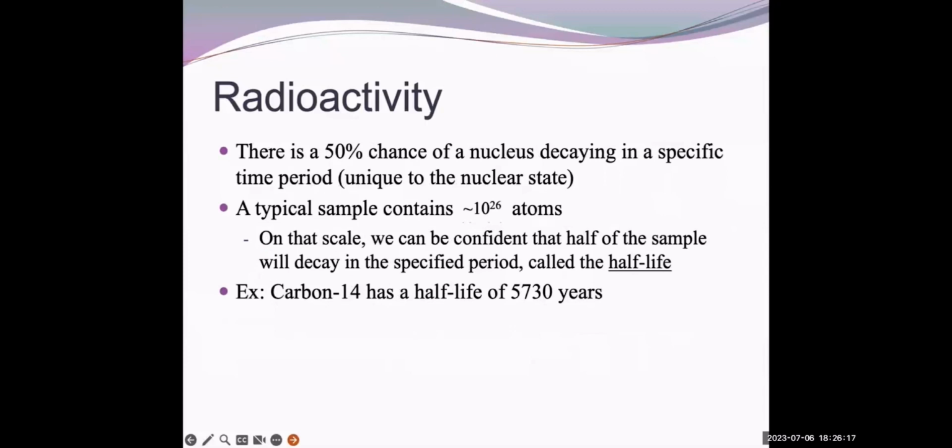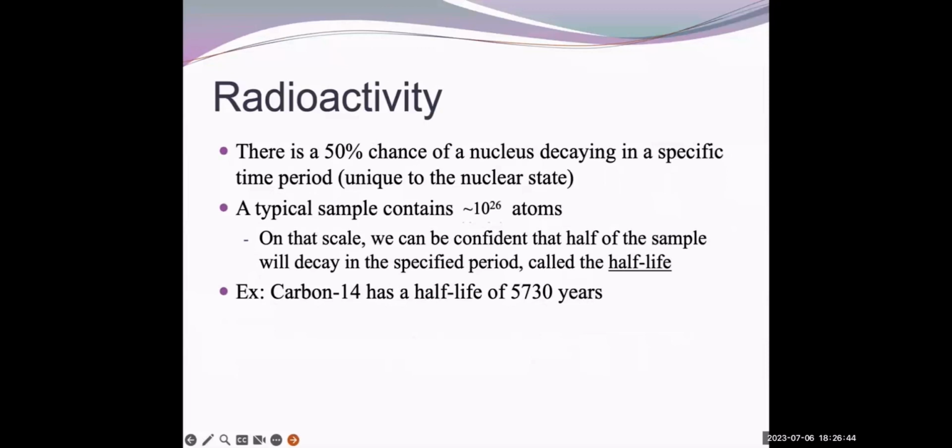And there is a 50% chance of a nucleus decaying in a specific time period, which is unique to the nuclear state. This is what we call half-life. A typical scale contains 10 to the 26 atoms. On that scale, we can be confident that half of the sample will decay in the specified time period. That is what we call the half-life.